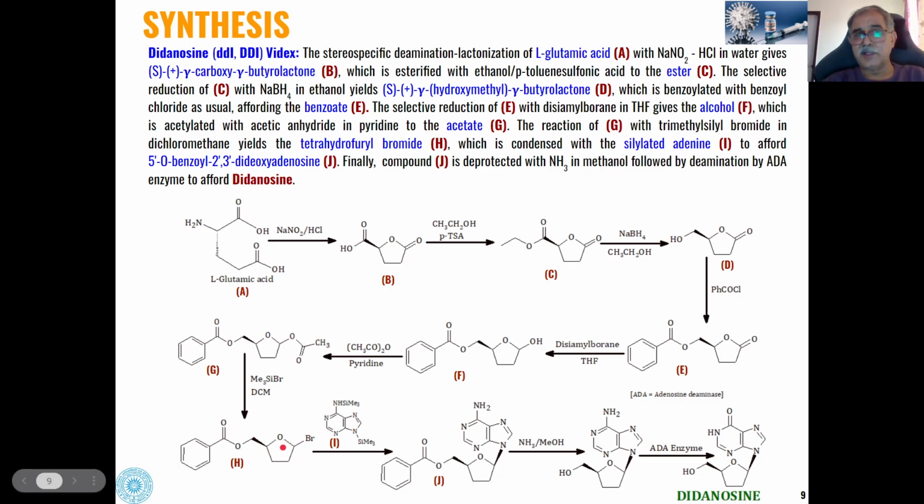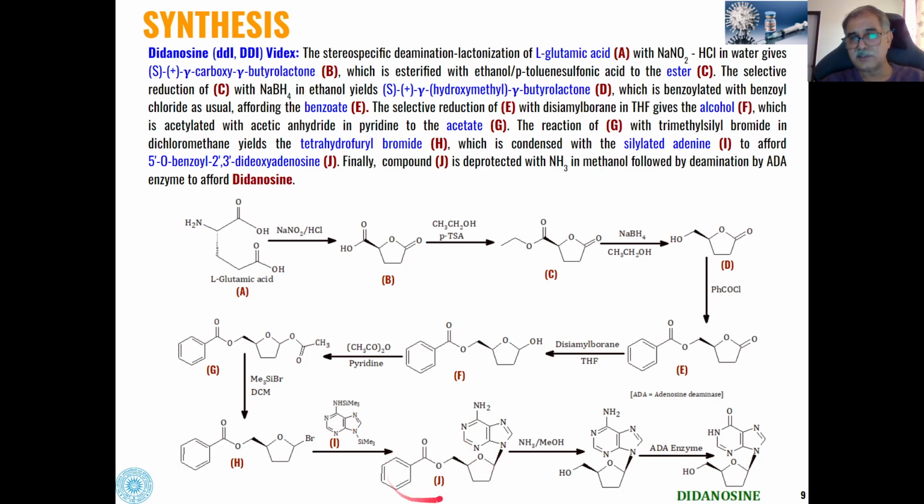will react with tetrahydrofuryl bromide, and will condense with silylated adenine. This is silylated adenine, and this trimethylsilyl group will be removed, and this carbon will get attached to this nitrogen. So this is how we will get the compound, where a new carbon-nitrogen bond is formed.